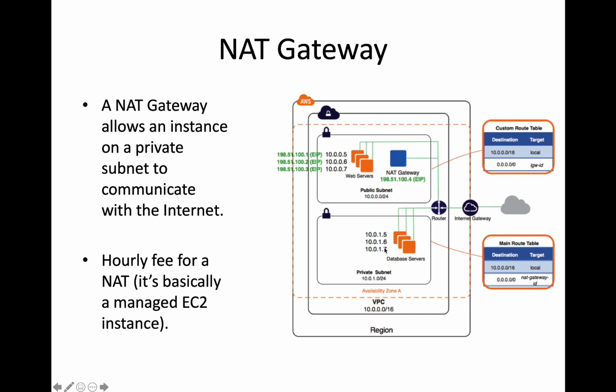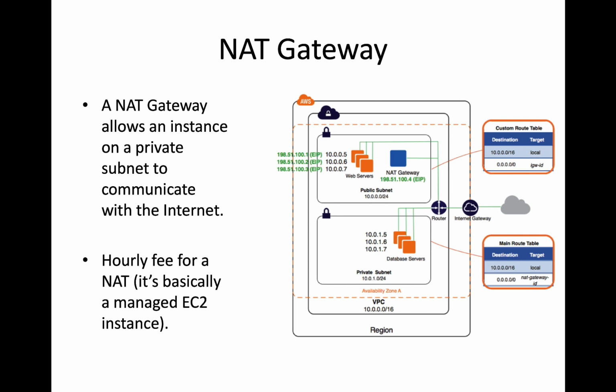In our private subnet, where we might have something like our database servers, local traffic is just going to be routed locally within the VPC. And our internet-based traffic is going to be routed out through the NAT gateway. And then the NAT gateway, because it lives in the public subnet, will route traffic that's destined to the internet through the internet gateway.